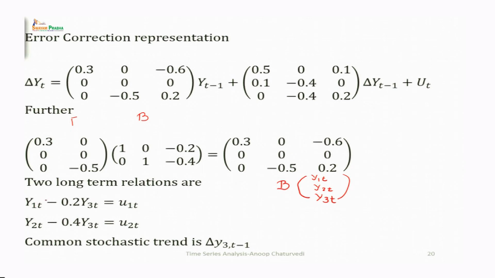So, the 2 equations are y1t minus 0.2 y3t is equal to u1t, and y2t, because the coefficient of y1t is 0, you get y2t minus 0.4 y3t equal to u2t, and the common stochastic trend is delta y3t minus 1.